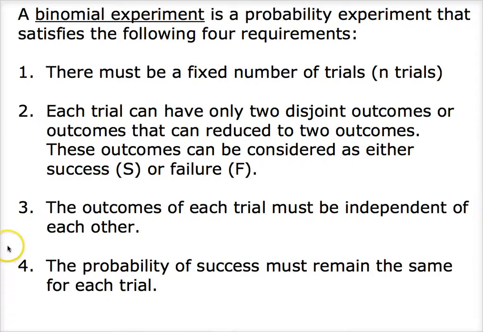A binomial experiment is a probability experiment that satisfies the following four requirements. There must be a fixed number of trials. Each trial can only have two disjoint outcomes or outcomes that can be reduced to two outcomes. These outcomes can be considered as either success or failure. The outcomes of each trial must be independent of each other, and the probability of success must remain the same for each trial.